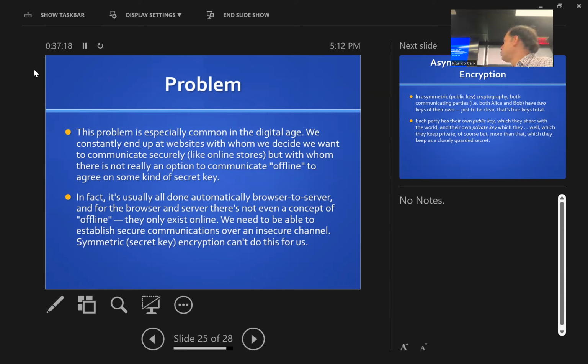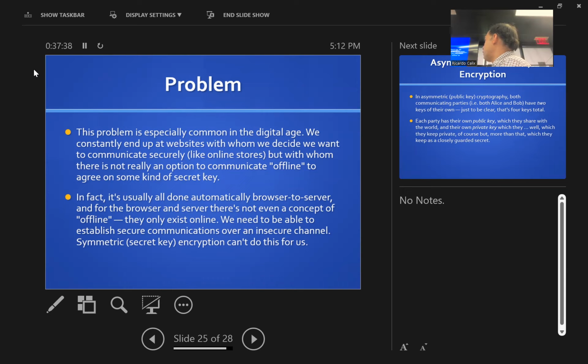In fact, it's usually all done automatically, browser to server. So we'll do a lab that is going to be client to server, basically the architecture of PKI. That's next week.